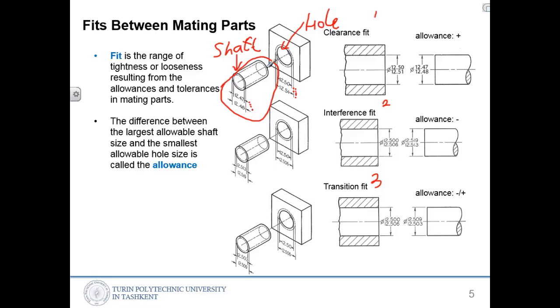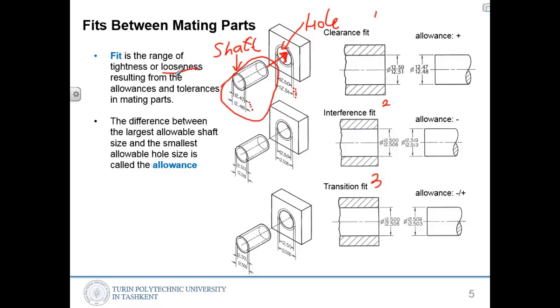If you insert this one inside the hole, there will be some value of empty room. The level of that empty space, whether it is tighter or emptier, we call looseness.